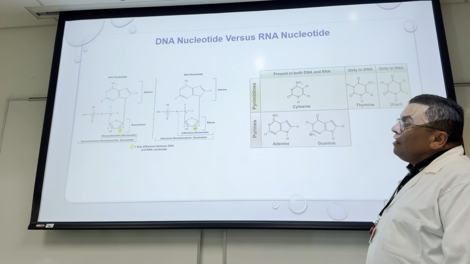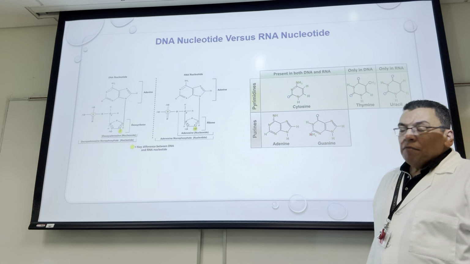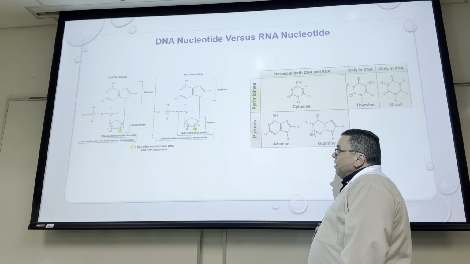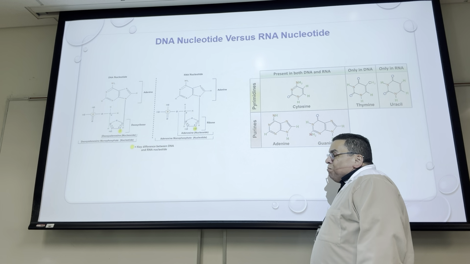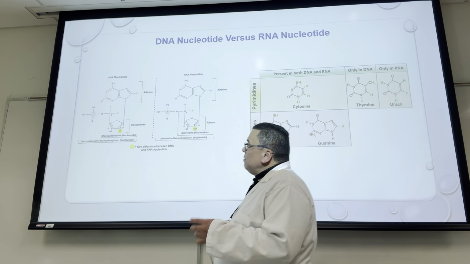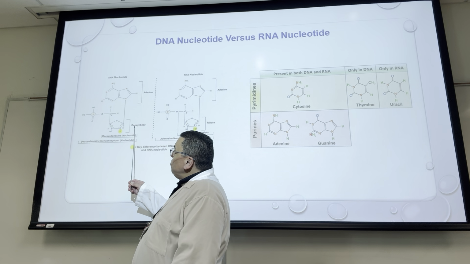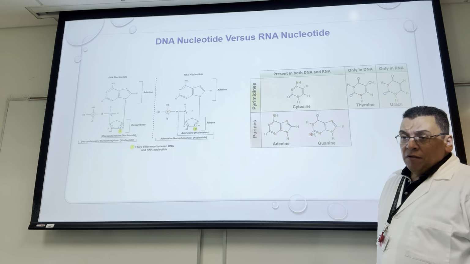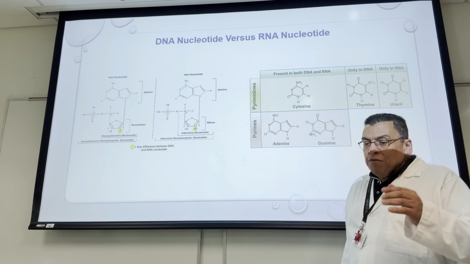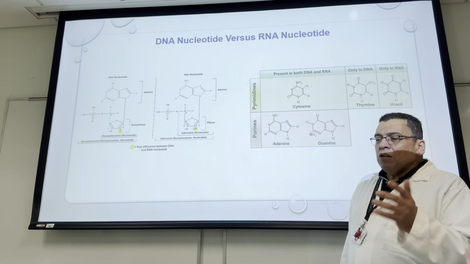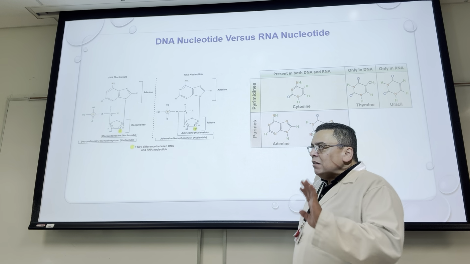The first thing is to look at DNA. The DNA nucleotide, take a look and see what it's made up of. The actual nucleotide itself is made up of deoxyribose, the pentose sugar for DNA. Deoxyribose means it's actually a ribose without the oxygen. In which carbon? The second carbon.